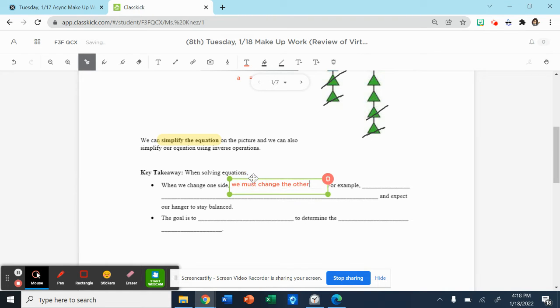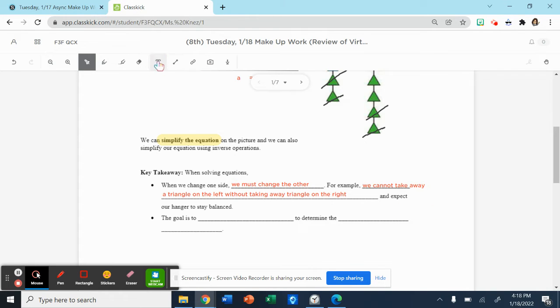So for example, we cannot take away a triangle on the left without taking away a triangle on the right, and still expect our hanger to stay balanced. So whatever we do on one side, we have to do on the other. That's how we keep our equations balanced.